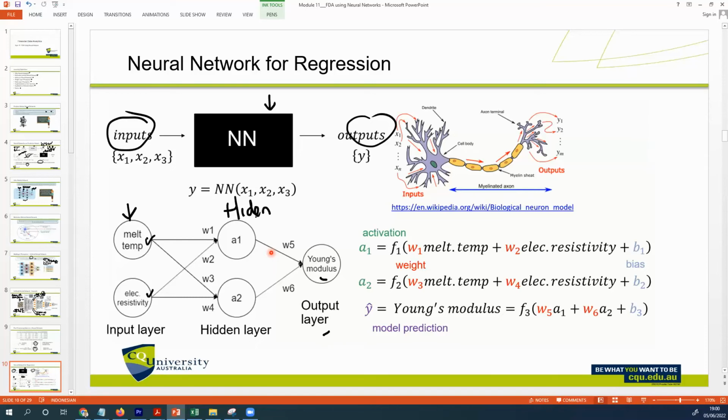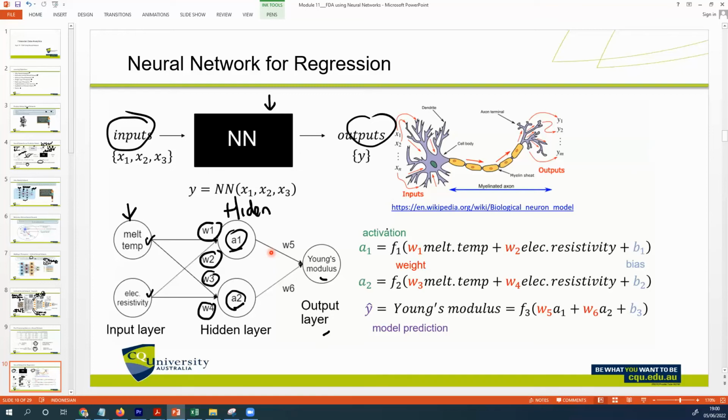Let's say the hidden layer is A1 and A2. Melt temperature and electric resistivity influence A1, so there will be weight 1 and weight 2 towards the hidden layer A1. For A2, there is weight 3 and weight 4 towards A2.